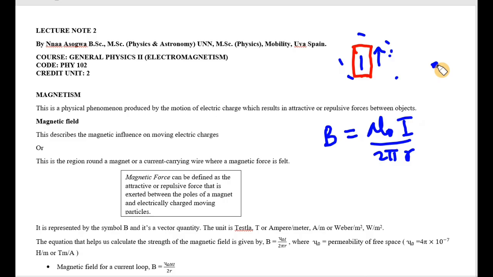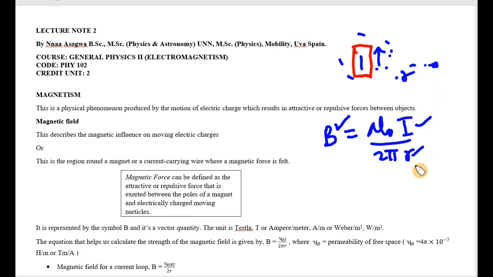To find that, we utilize this formula. This formula helps to find the magnetic field of, for instance, a straight wire carrying current. So this is mu naught I upon 2 pi r, where I is current and r is the distance from the source of the magnetic field.